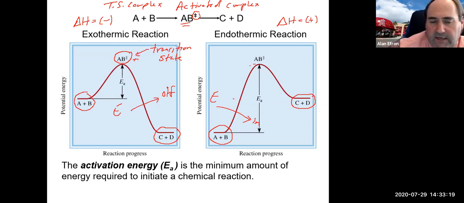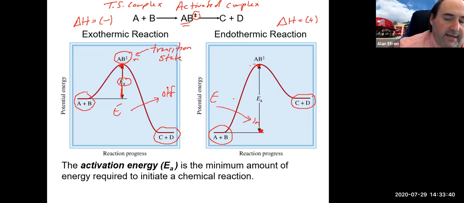So the activation energy, which is E of A here, is basically the difference between where the reactant starts and the peak of the hill. Down here, you can see where our reactants are in terms of energy, and the peak of the hill, the hill they have to climb to get to the other side.